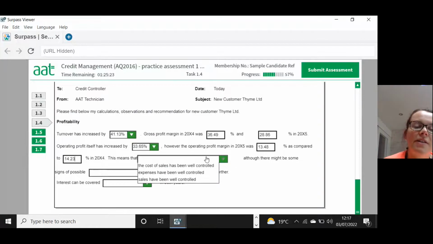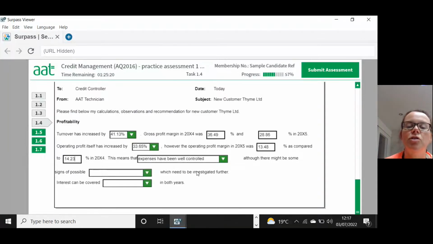So this tells us that the expenses must have been well controlled, because they've clawed back some of the problem in the gross profit margin. Although there might be some signs of possible overtrading, a 40% increase in turnover, which needs to be investigated further.